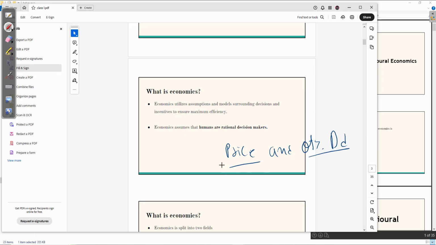How price changes and it leads to changes in quantity demanded. So basically there is an inverse relationship. This is what the law of demand says. Now this relationship is based on the assumption that all other factors that are impacting quantity demanded are held constant. In all economic models we have this assumption of ceteris paribus.